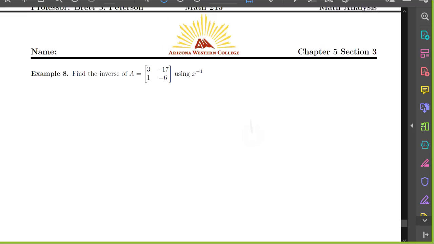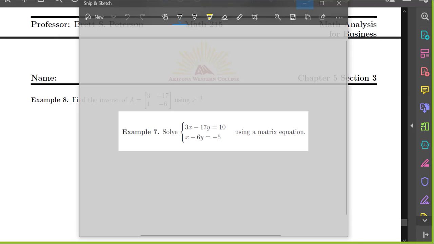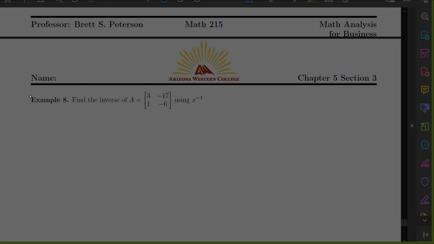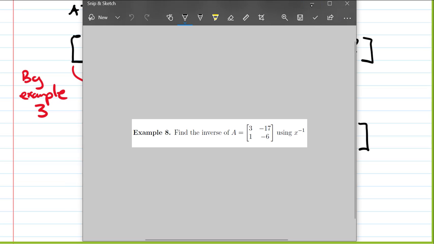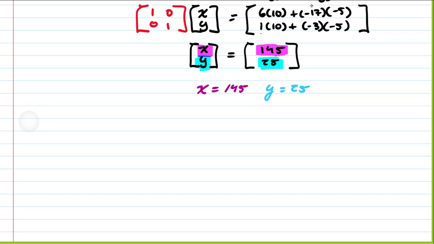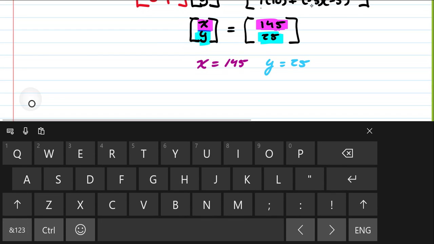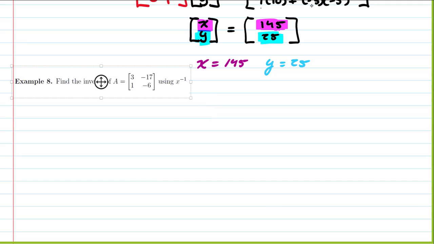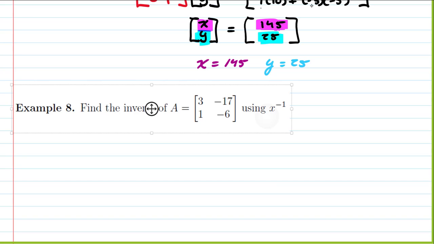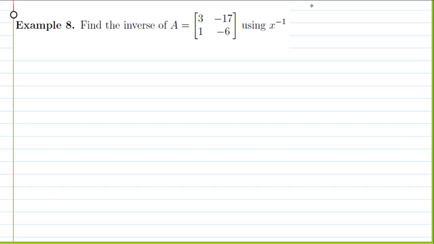All right, so now in the interest of full disclosure, we've been finding the matrix inverse by hand. Turns out we can use a calculator to find the matrix inverse. So we've used this matrix inverse several times.